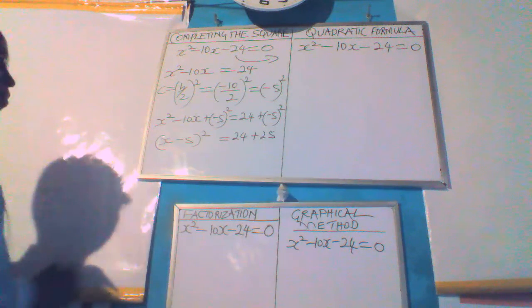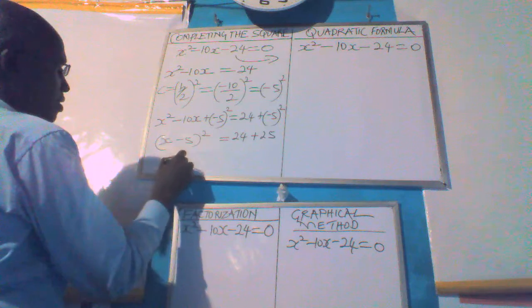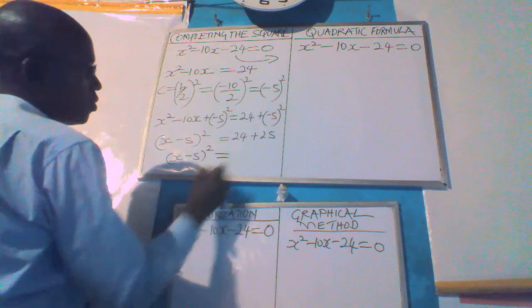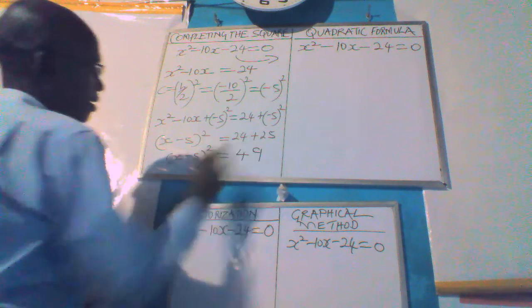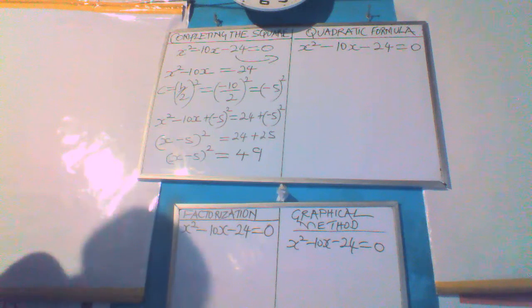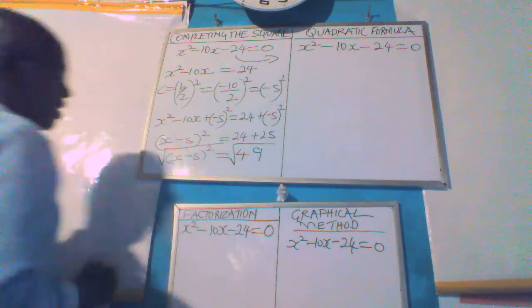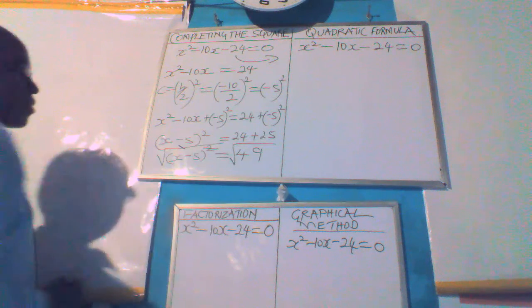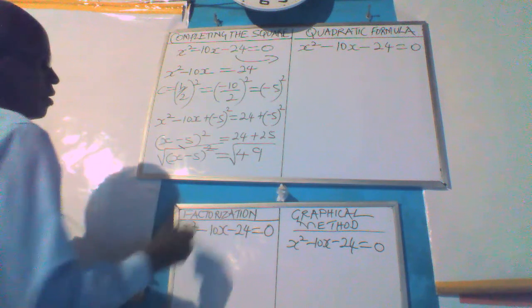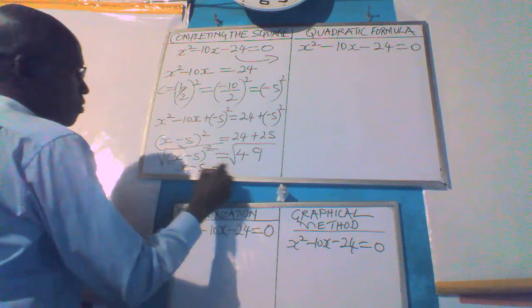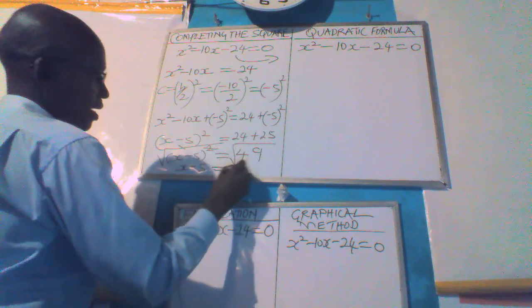In this case, we end up with an expression of the form (x minus 5) squared is equal to 49. Now, to make x the subject, we introduce the square root sign on both sides, and when we do that, the square root cancels with the square, and we find that x minus 5 is equal to plus or minus 7.